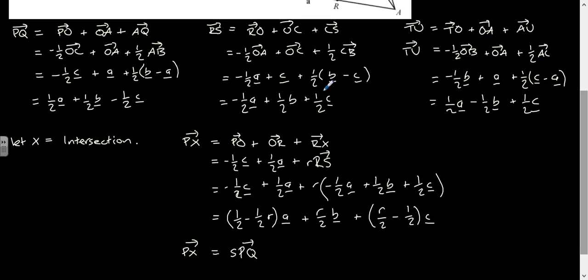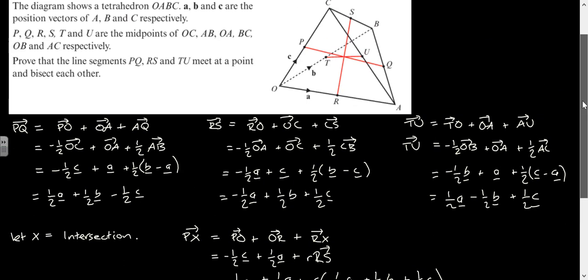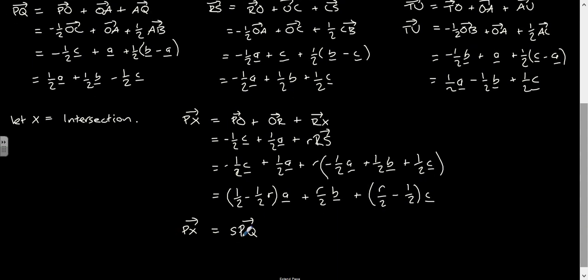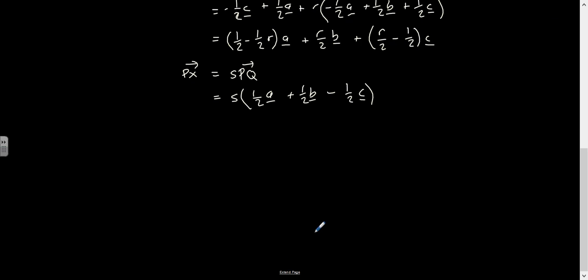This time I'm going to write P to X just as a fraction of the vector PQ. Two different ways of writing the same vector. So that's going to be S multiplied by 1/2 A plus 1/2 B minus 1/2 C. I can expand that: S over 2 A plus S over 2 B minus S over 2 C.